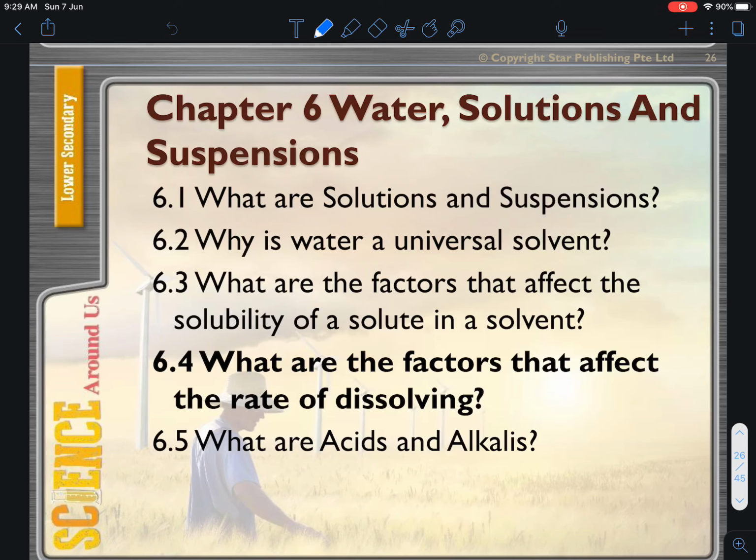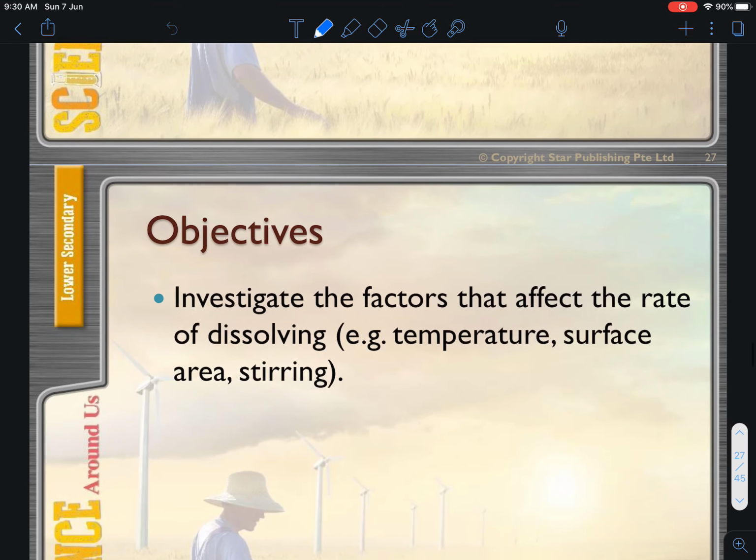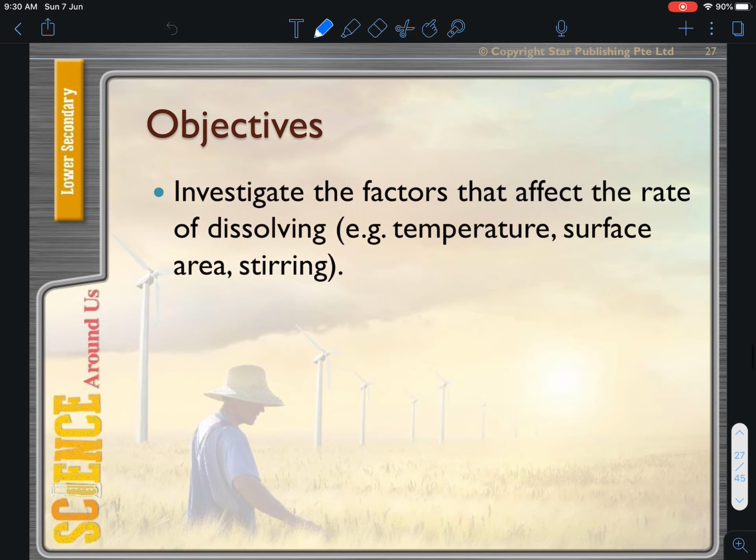Hi students, today we'll be discussing some of the factors that can affect the rate of dissolving in a solution. For today, we'll focus on three factors, namely temperature, surface area of the solute, and the rate of stirring in influencing the rate of dissolving.